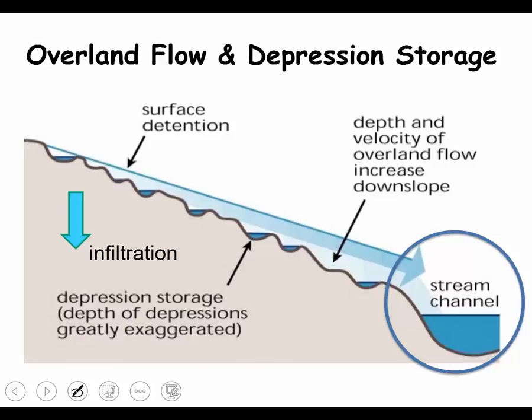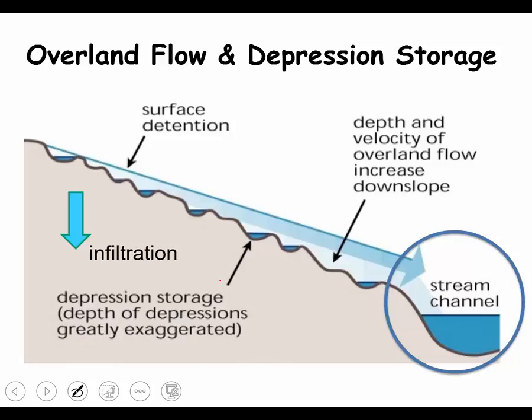That surface detention, basically, we're looking at as it gets higher and higher. Well, there's two things here, I should say. There's depression storage, and that's basically the water that's standing there after water's run off.